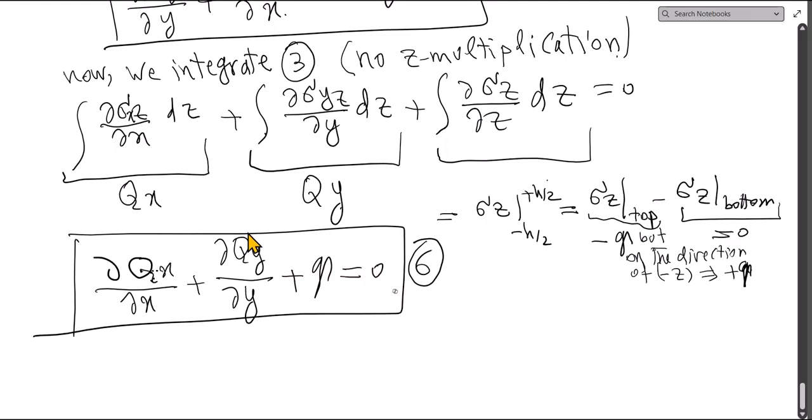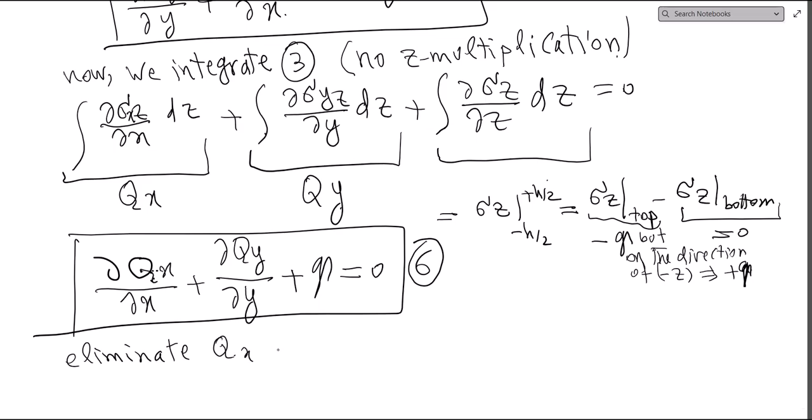Now, here we will do some more operations. We come here and, using these equations, eliminate qx and qy from 4 to 6.